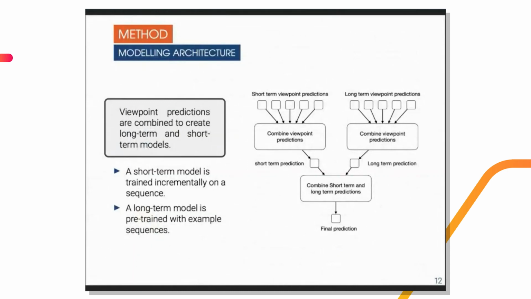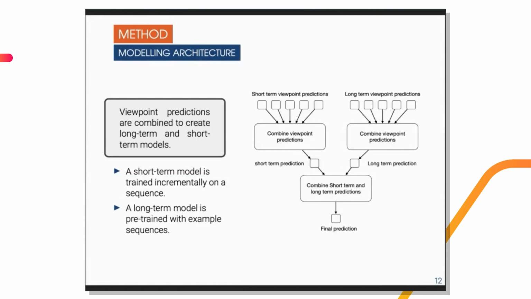So one thing which I haven't touched upon yet is how these predictive models are trained. So we have this multiple viewpoint representation, and we can train models on these viewpoints in different combinations. And so there are two different ways in which we can train models. We call these different ways the short-term model and the long-term model. So a short-term model is trained incrementally.